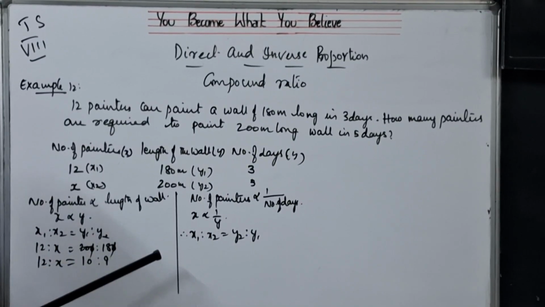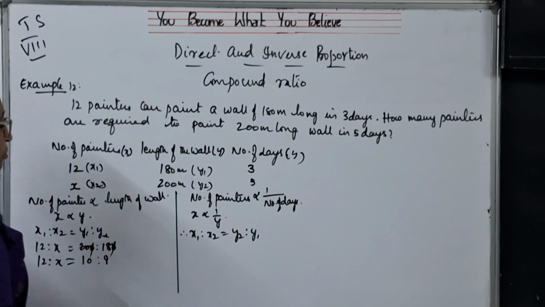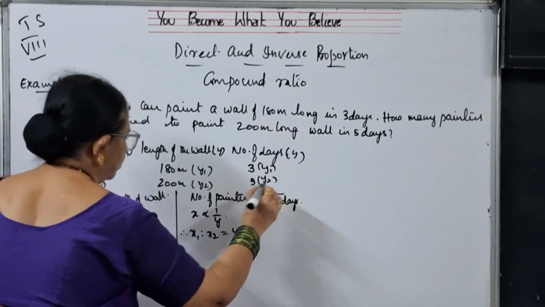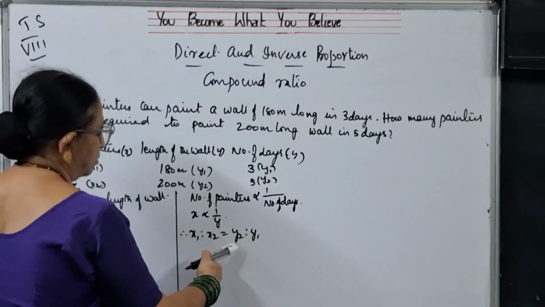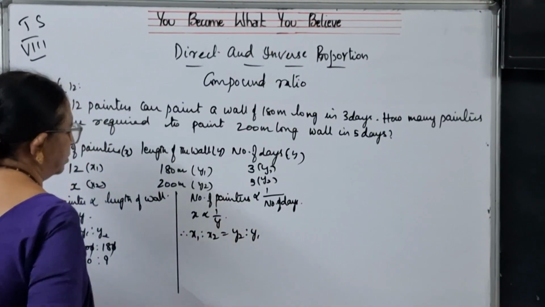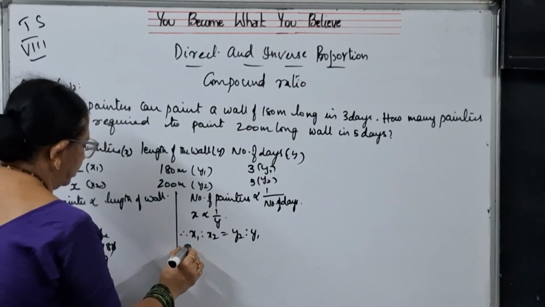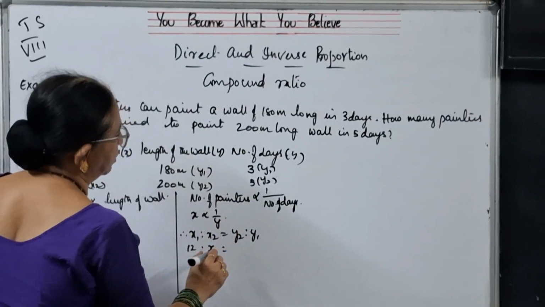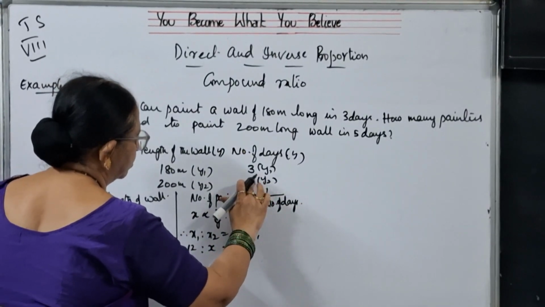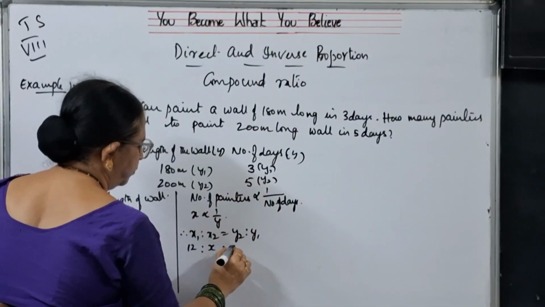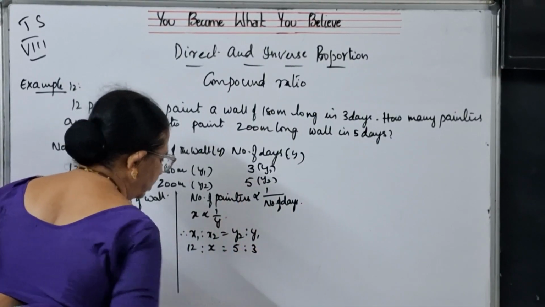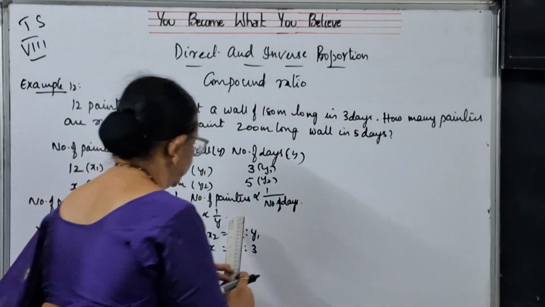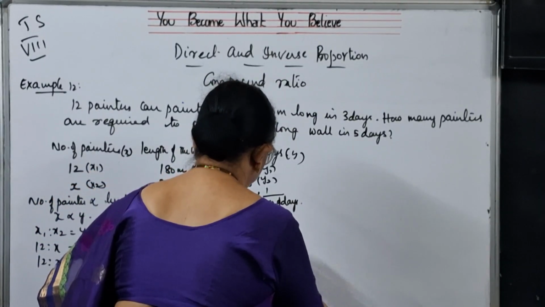In inverse proportion, this becomes y1 now, this becomes y2 now. Here x1 is to x2 is equal to y2 is to y1 because inverse ratio. So x1 is 12 is to x2 is x is equal to, this is 5 days, 5 is to 3. We need not simplify it. So directly we can take this as it is.